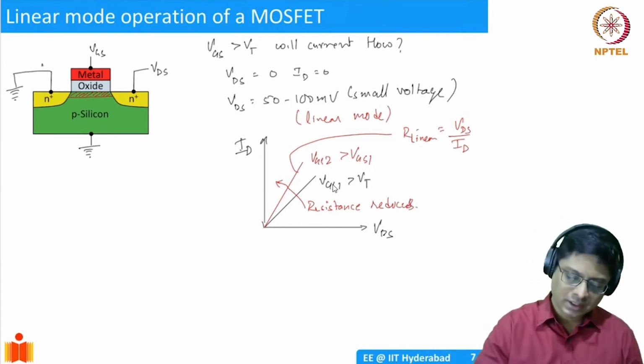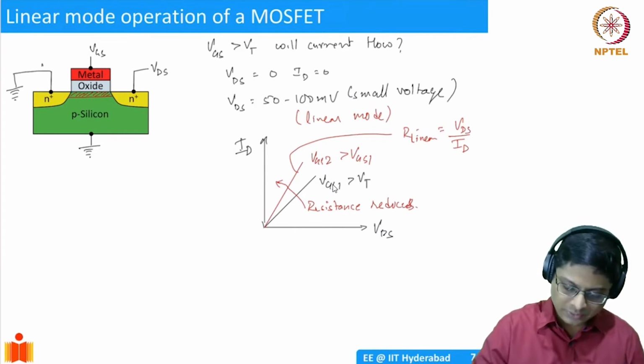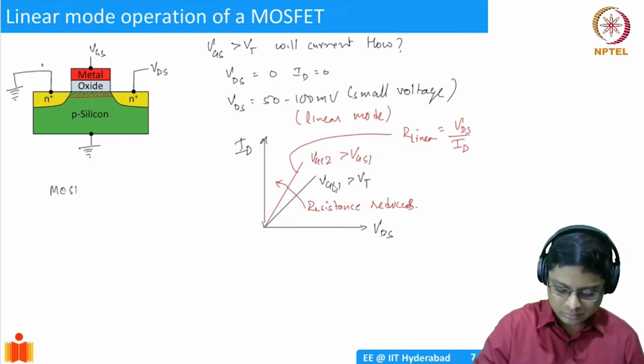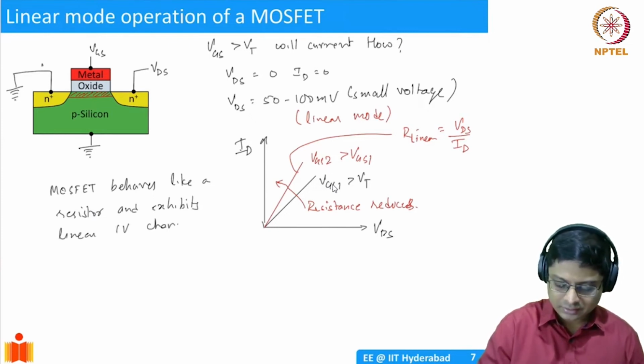So basically, whenever you have VG greater than VT and VDS to be a small voltage, 50 to 100 millivolts, the MOSFET behaves like a resistor and exhibits linear IV characteristics.